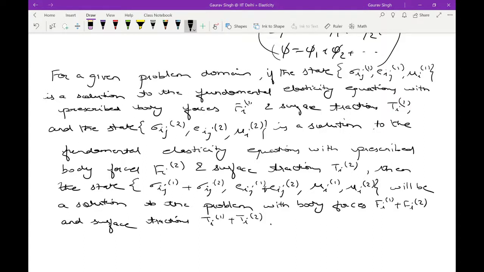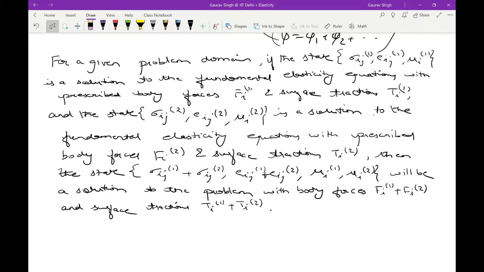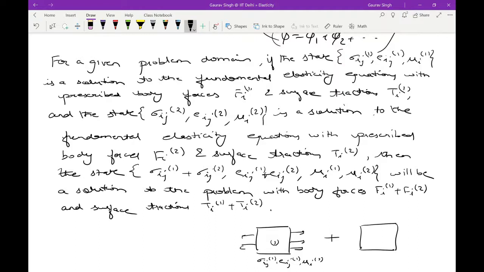Okay. So for a given problem domain, if the state sigma ij of 1, eij of 1, ui of 1 is a solution to the fundamental elasticity equations with prescribed body forces Fi and surface tractions, so if you have this as 1, and this is a second problem for the same domain, the domain doesn't change, it's the boundary conditions which change.